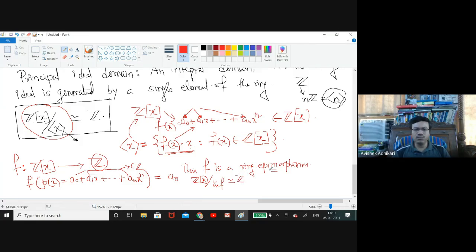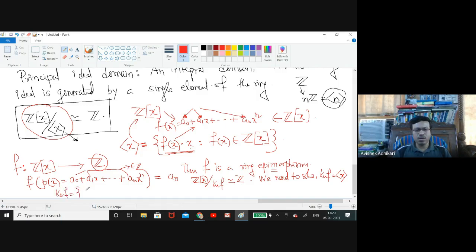What we need to show is that the kernel of F is equal to the ideal generated by x. So let us try to find what the kernel of F is.